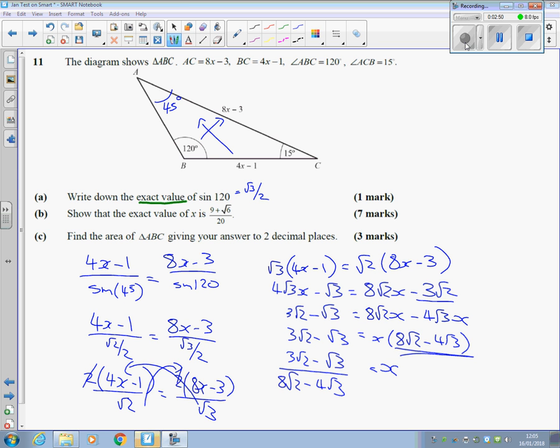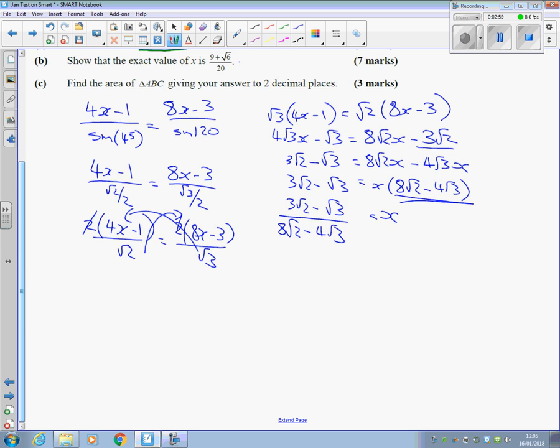The job after that now, because it's not looking exactly like what you've got here, is we need to rationalize the denominator. To rationalize my denominator, yours will be different, I need to times both sides by this, and because it's a show that, you do need to show what you are timesing by.